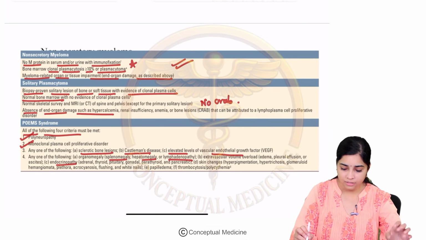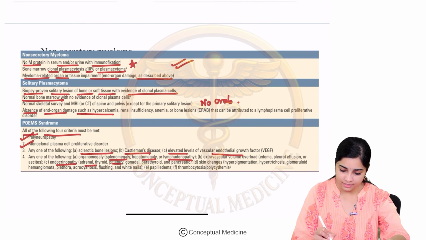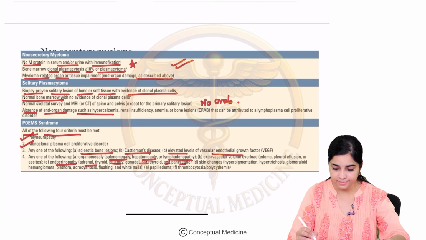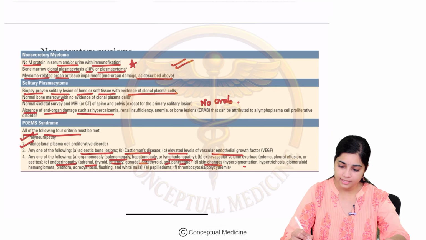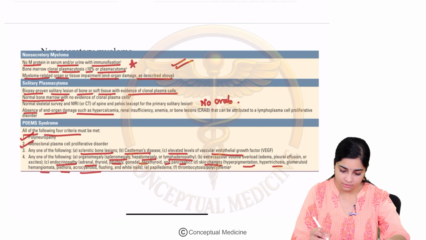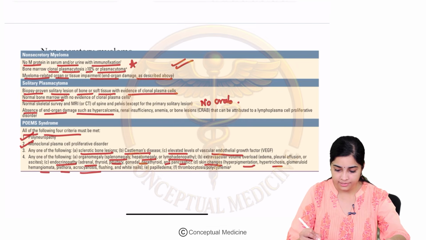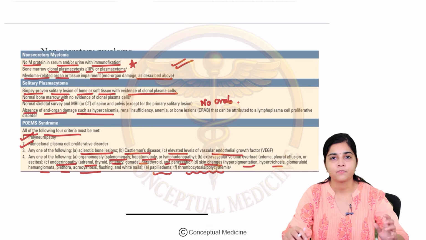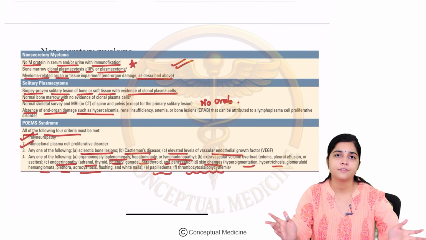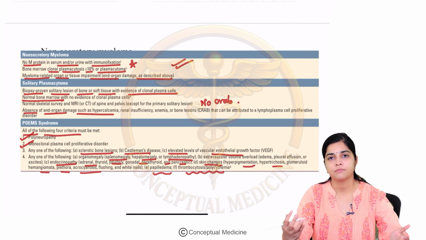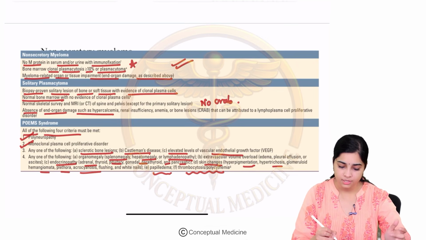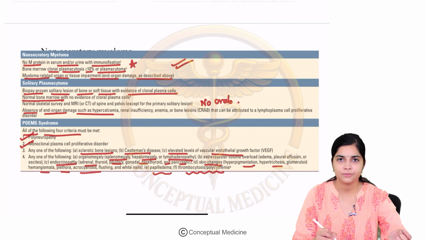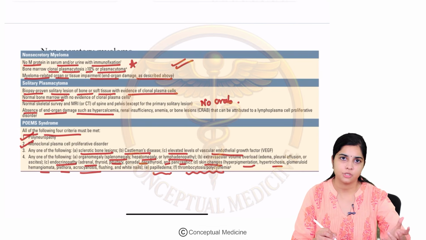Endocrinopathy is the E of POEMS, which includes adrenal, thyroid, pituitary, parathyroid or pancreatic dysfunction, along with skin changes like hyperpigmentation, hypertrichosis, plethora, hemangiomas, acrocyanosis, and associated thrombocytosis or papilledema can also be there. So this is a very strange and different syndrome which can be found in association with multiple myeloma, which comprises polyneuropathy, organomegaly, endocrinopathy, myeloma and skin changes.